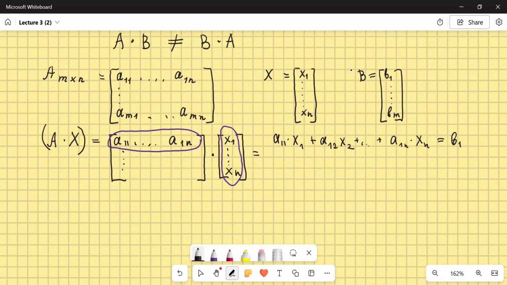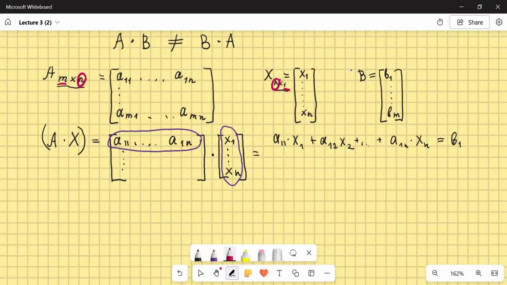Remember, the dimensions of the A matrix are m by n, and of the X matrix are n by 1, right? Remember, when we multiply matrices, we eliminate the inner dimension and keep only the outer dimensions.